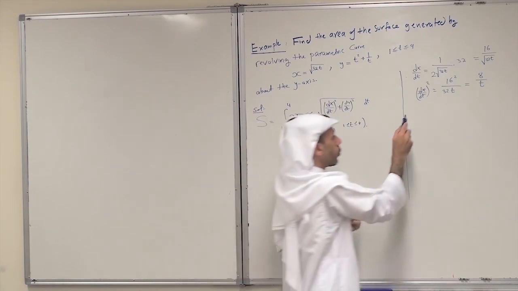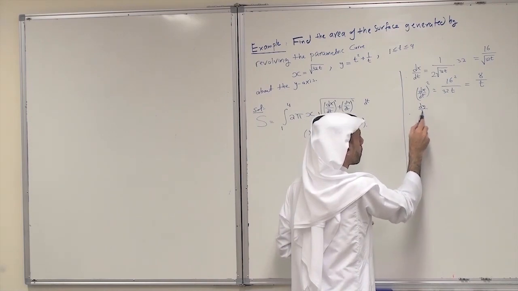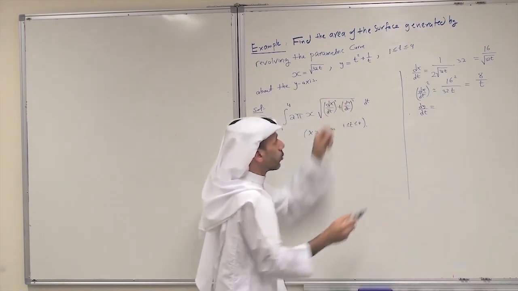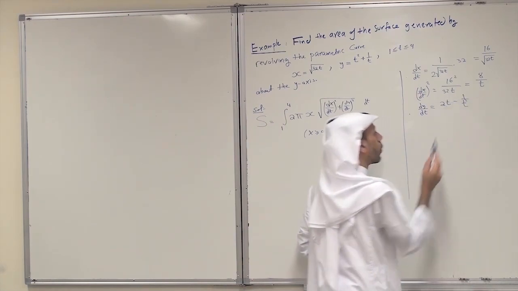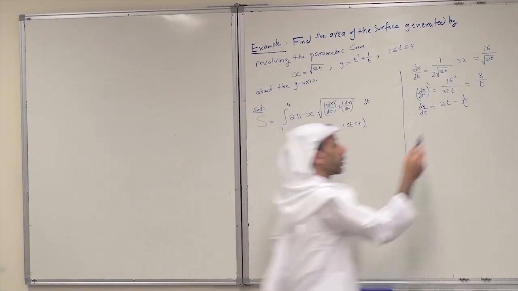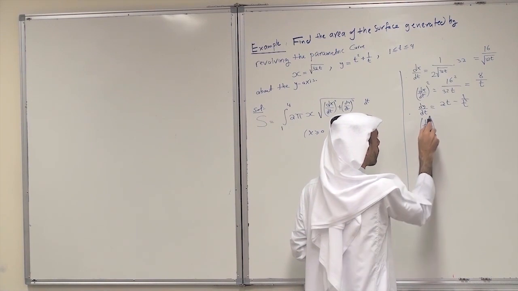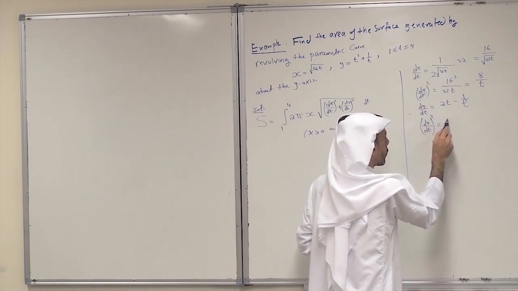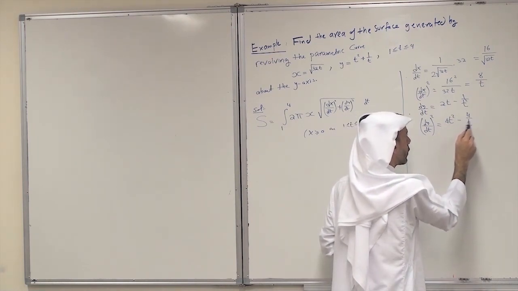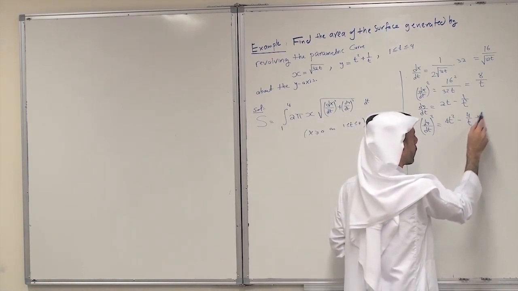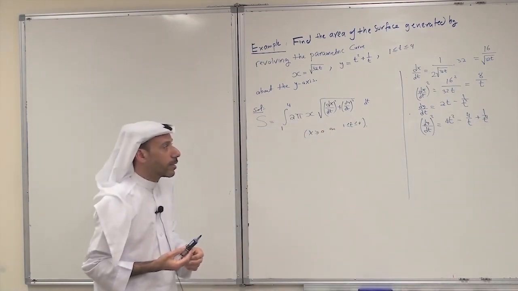This is for dx/dt. You do the same thing for dy/dt. When you differentiate, we get 2t minus 1 over t squared. So (dy/dt)² becomes 4t² minus 4 over t plus 1 over t⁴. This is the square of dy/dt.